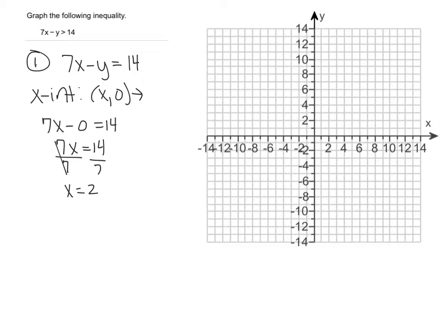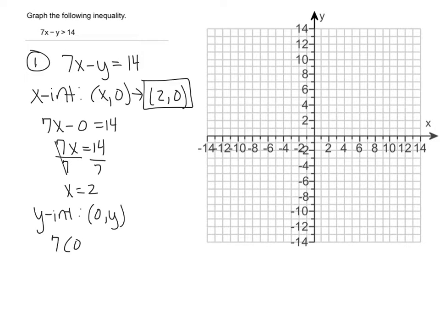So the x-intercept is (2, 0). Now I'm going to find the y-intercept. And again, this will give me the second point on my line, so I can then graph my line. And to find the y-intercept, I'll just plug in a 0 for x.